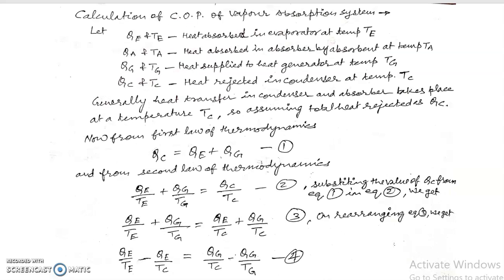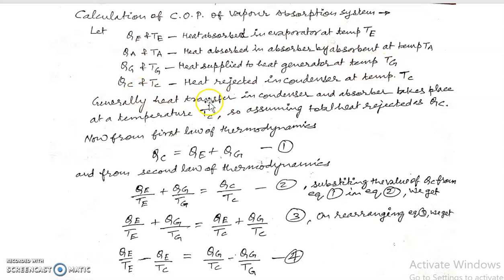So again, if I can repeat, then QE and TE are the heat absorbed in the evaporator at temperature TE. QA and TA are the heat rejected in the absorber by the absorbent at temperature TA. QG and TG are the heat supplied to the heat generator at temperature TG.